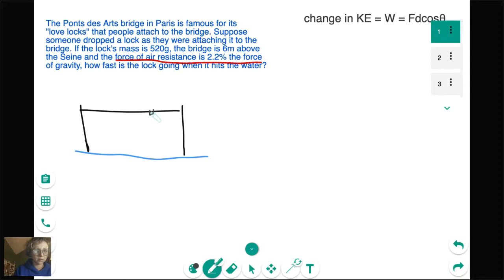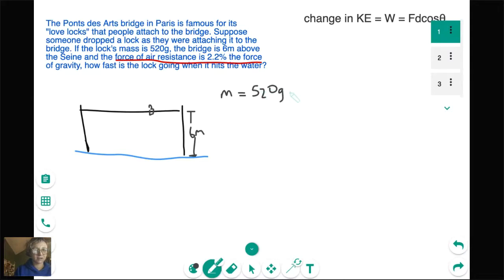So there's the lock. And we know that the lock is 6 meters up. And we know that its mass is 520 grams.